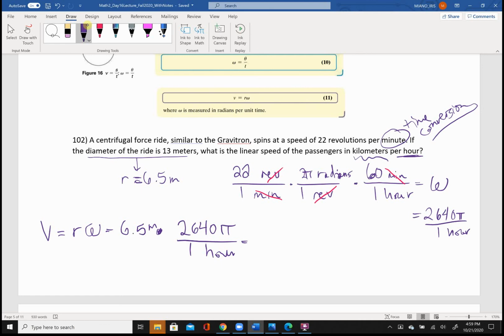We're going to get that this is approximately 53,909.72994, and it just kind of goes on forever. Oh, but wait, this is in meters, y'all. Meters.